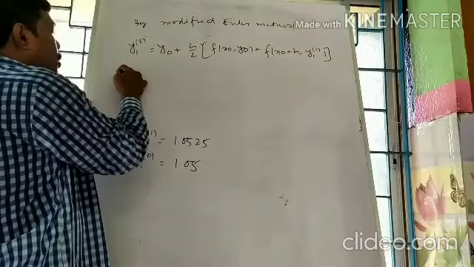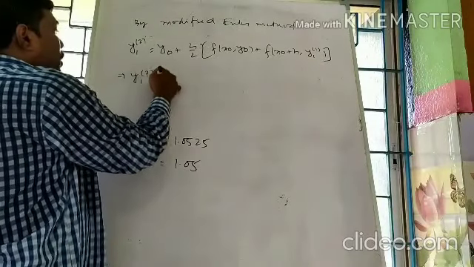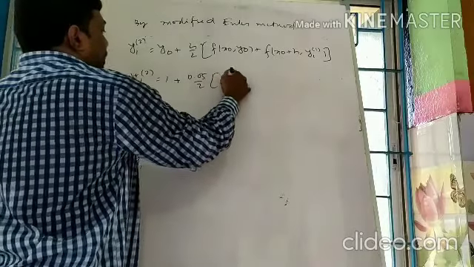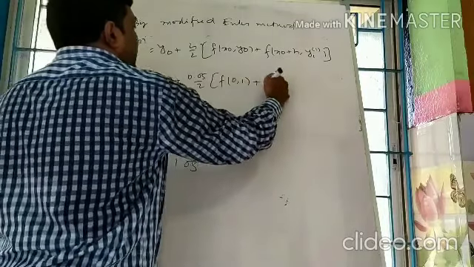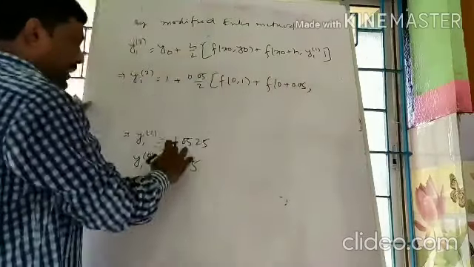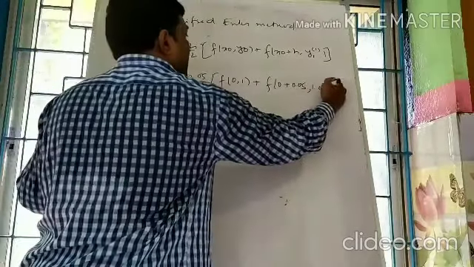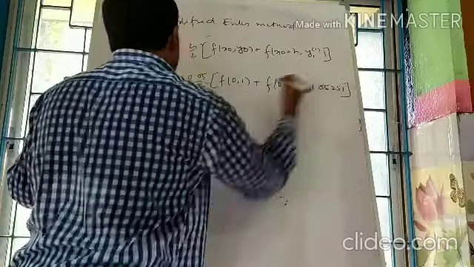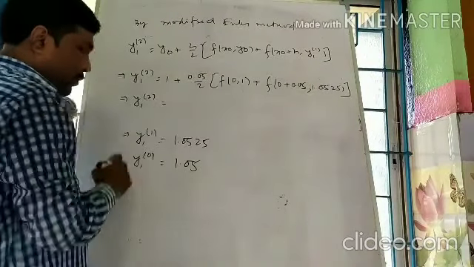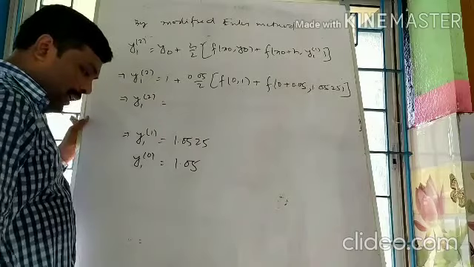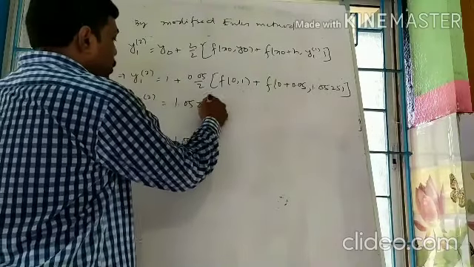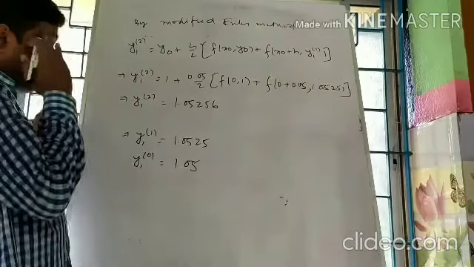So y12 is 1 plus 0.05 by 2 times f of x0 is 0, y0 is 1, plus f of 0 plus 0.05, comma y11, that is 1.0525. Just simplify. y12 is 1.05256.